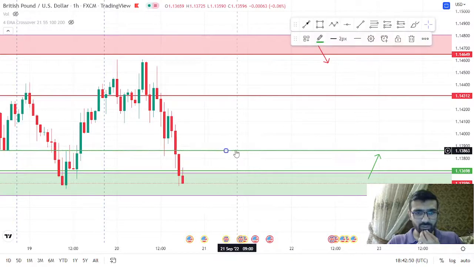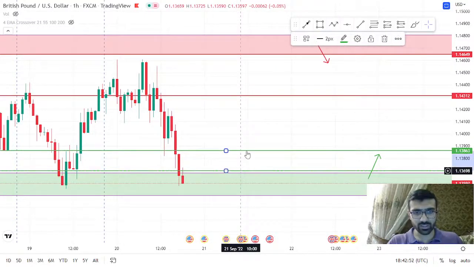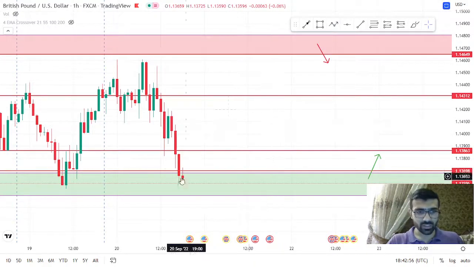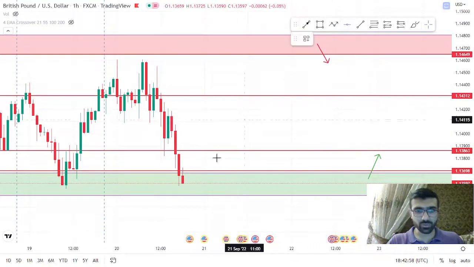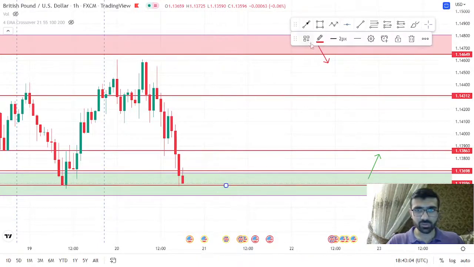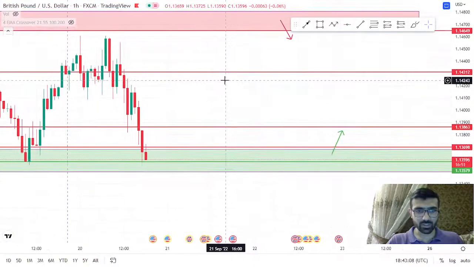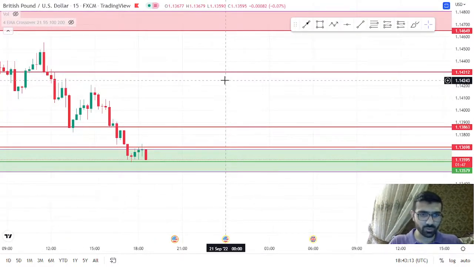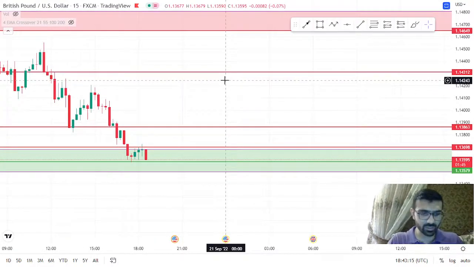This area and this area as well are now both going to act as an area of resistance, and our new support area would be over here, and this area is now almost being tested. So I am expecting a very easy move. So let me mark the support area. Yes, the exact support area has been marked and it is going to be tested once again right in this candle.